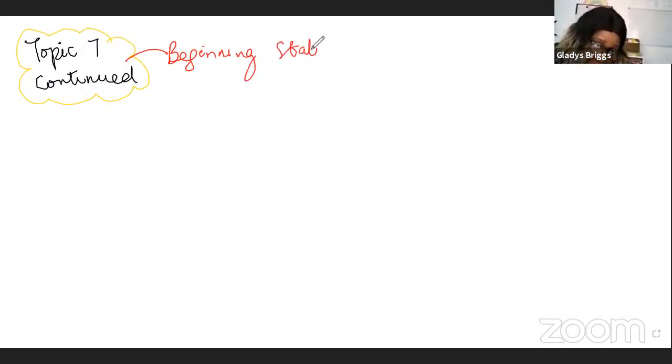Topic 7 is beginning statistics, and today we're going to be looking at the mode. You need to know how to calculate the mode or work out the mode for grouped and ungrouped data.